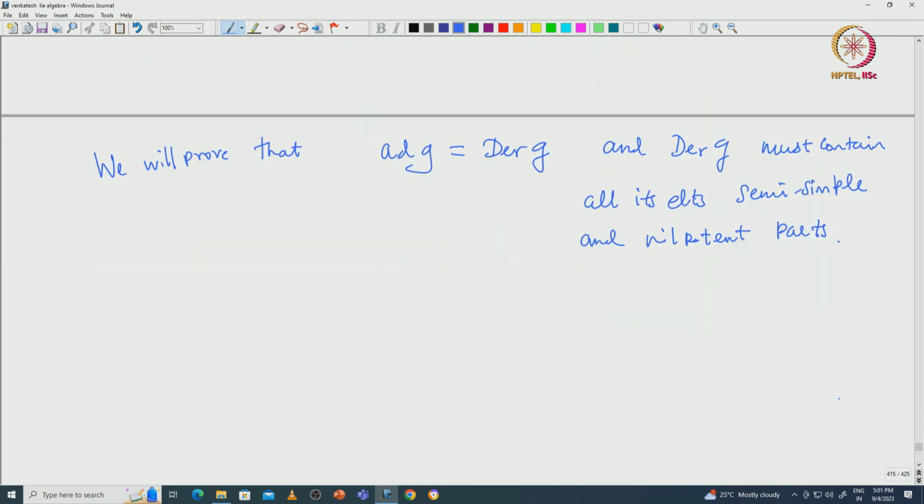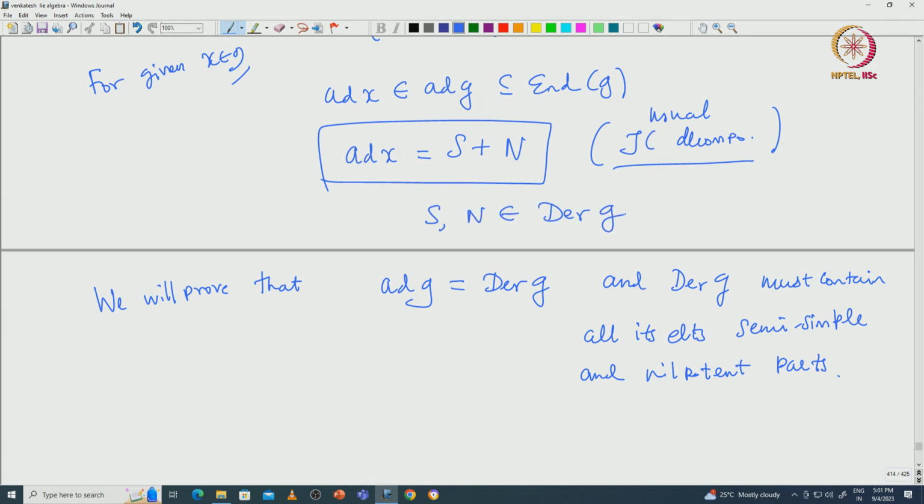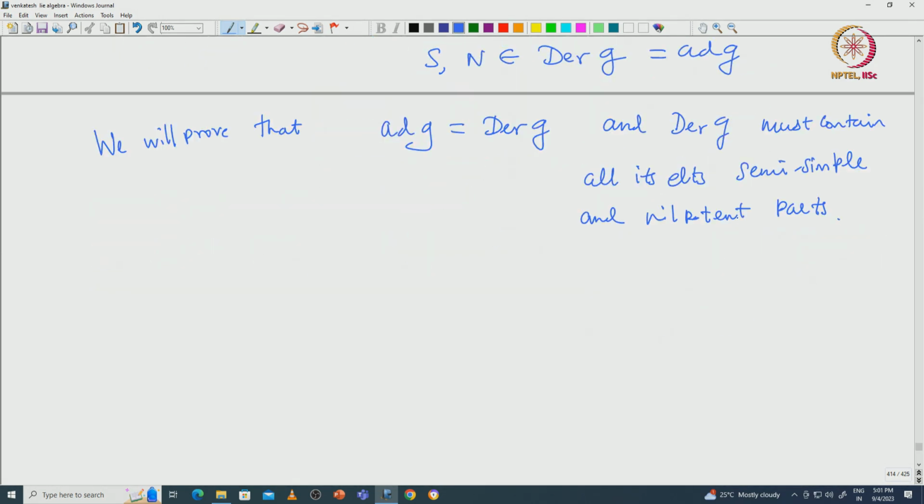In particular, if we assume this result, then ad x, which you have written as S plus N, is the usual Jordan decomposition. Then S and N both will lie inside Der G, but Der G is nothing but ad G. That would imply that S is inside ad G and N is inside ad G. Now, G to ad G is a one-to-one correspondence.